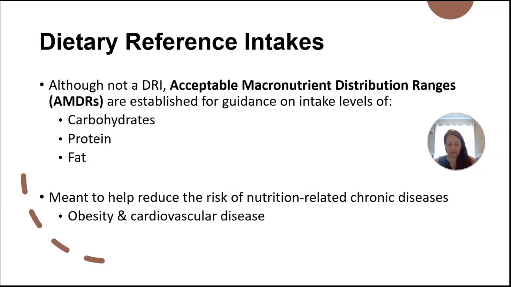These have been developed to help reduce the risk of nutrition-related chronic diseases, and to make sure that we get enough of each macronutrient and not over that amount or under, decreasing the likelihood of obesity and cardiovascular disease. Also malnutrition, undernutrition, not just overnutrition.